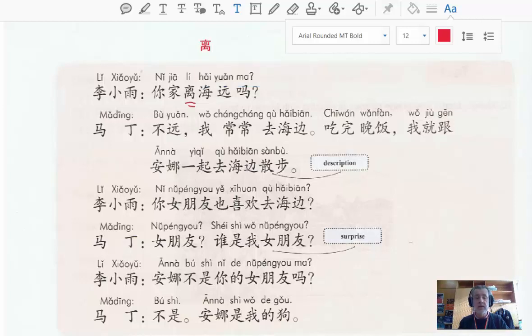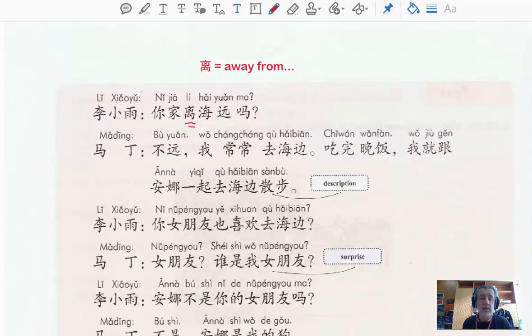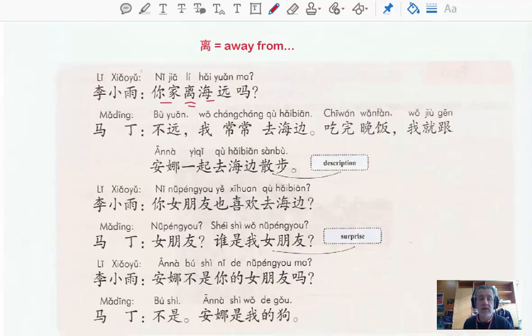If we're asking the question, how far away is something from something else, then we use the expression 离. So here we've got the two locations, 你家 and 海. We put the 离 in the middle. 你家离海远吗? Is your home far away from the sea or the ocean?